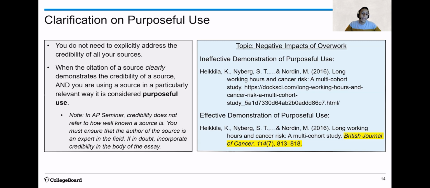Instead of looking at the URL where they found the source, you should be looking at some of the other information found on the source that can help provide us a little bit of insight into how credible the source is. In reality, this source was originally published in the British Journal of Cancer, which makes this a highly credible source.